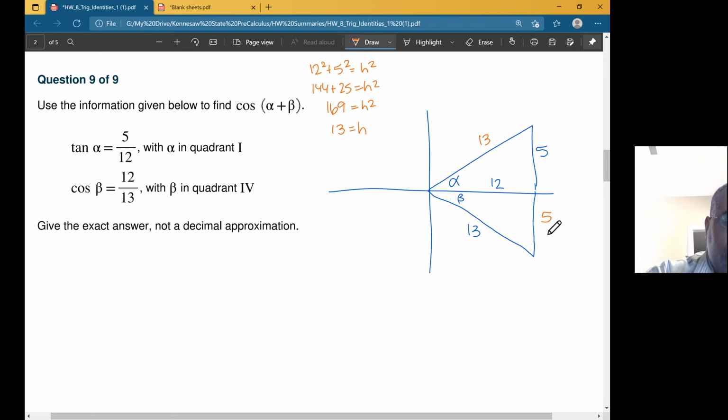Cosine of alpha plus beta, we just did this, is equal to cosine of alpha cosine of beta minus sine of alpha sine of beta. Cosine of alpha is 12 over 13.